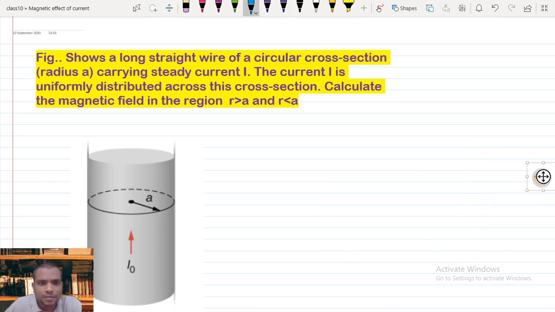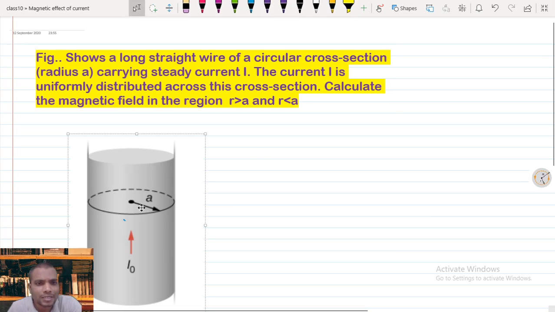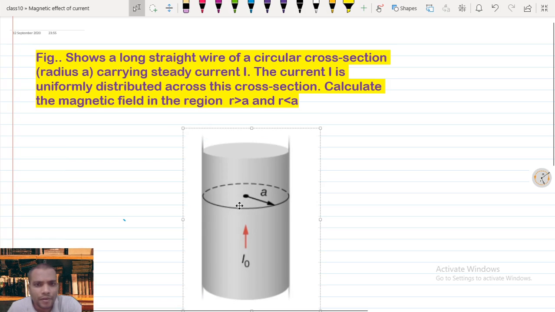So the problem says the following figure shows a long straight circular cross section of radius little a carrying a steady current capital I naught.